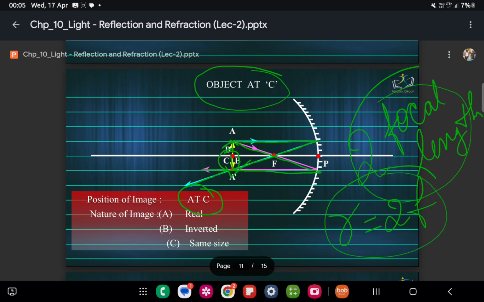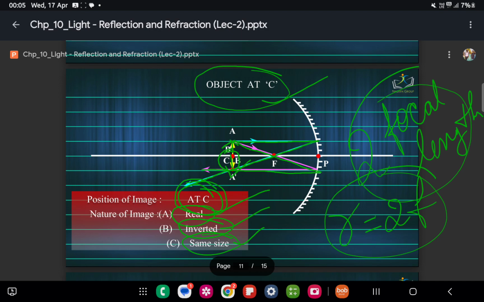So its properties are: the object is at the center of curvature, then the image is at the center of curvature, the nature of the image is real, inverted and the same size, because the distance between AB and the concave mirror is the same as that of A dash B dash.